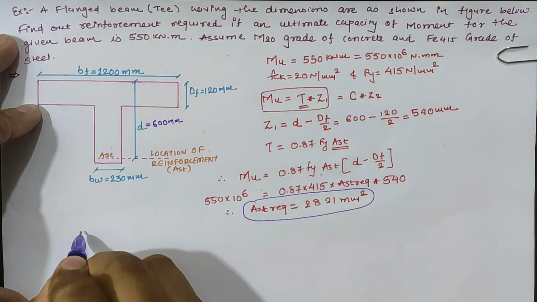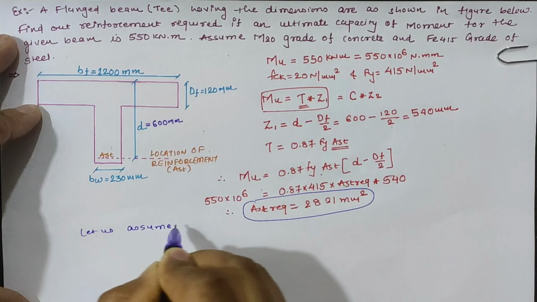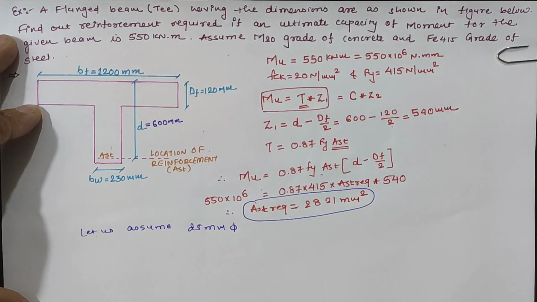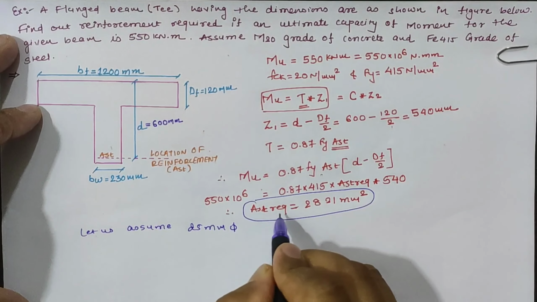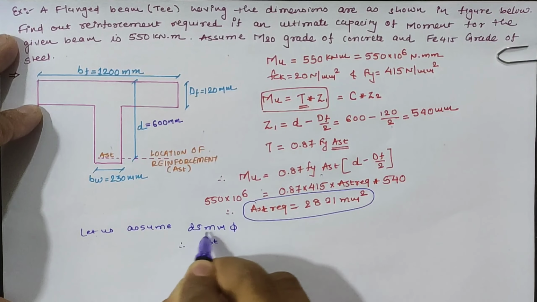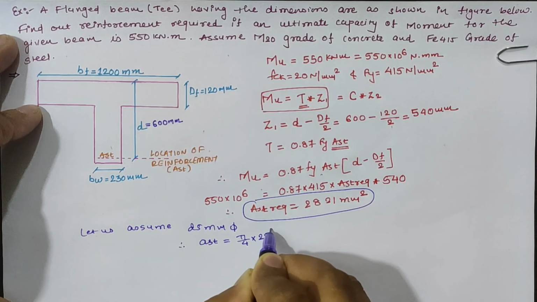So let us assume 25 mm dia bar as main reinforcement for the AST. Hence the area of 25 mm dia bar is pi by 4 d square.